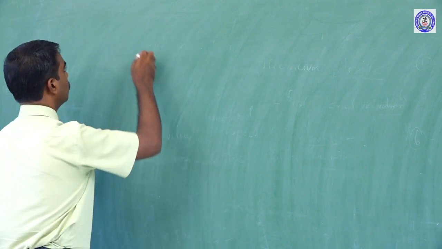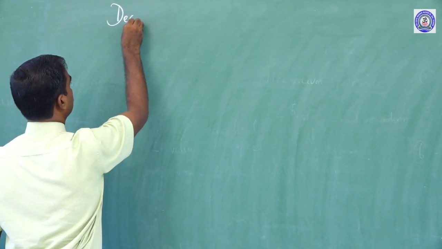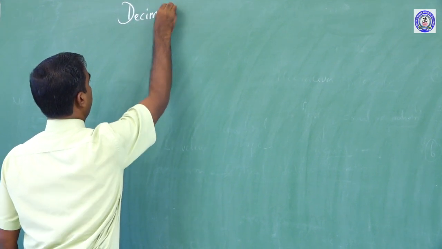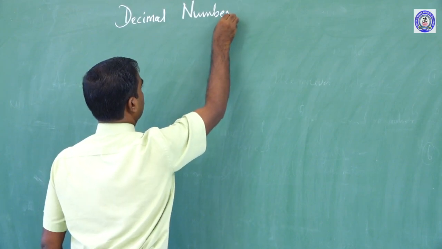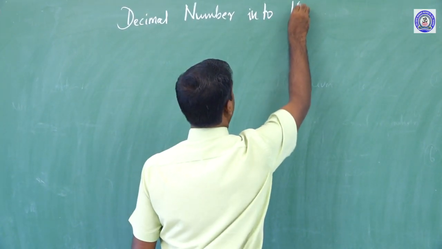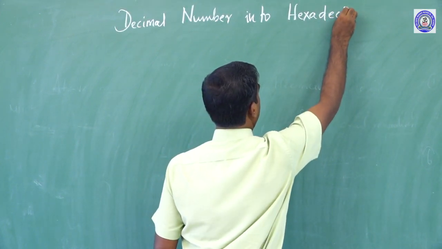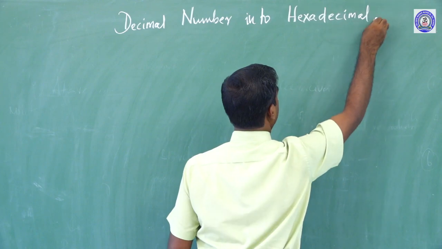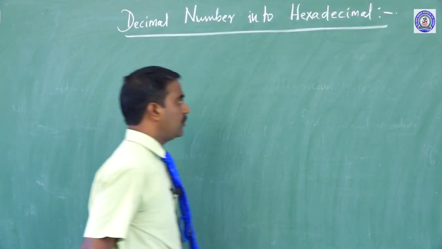Example I will tell you. Heading is decimal number into hexadecimal. Okay. Example I will tell you.